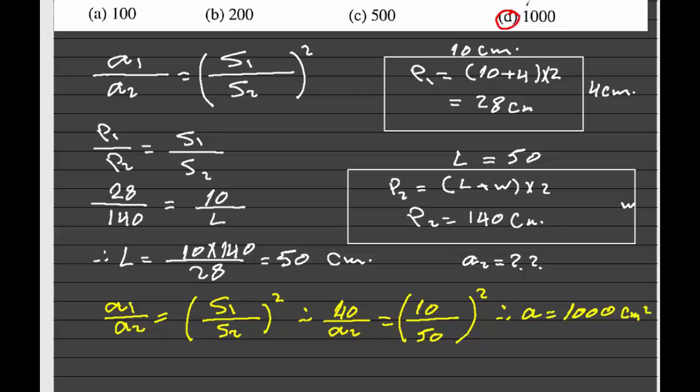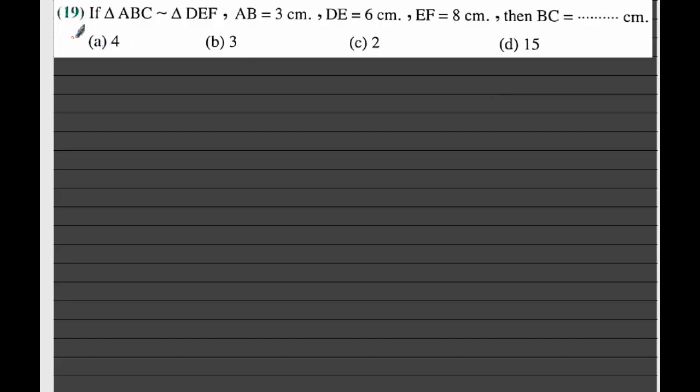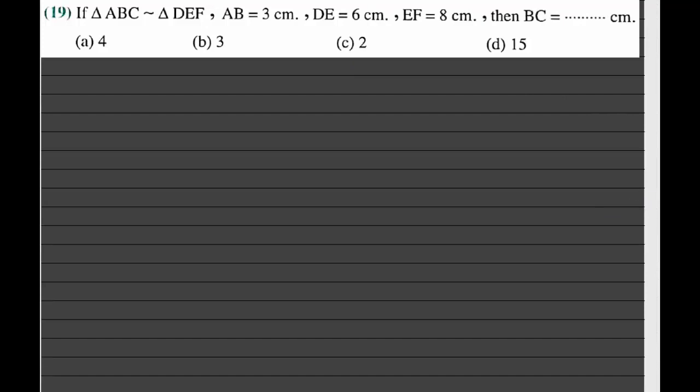And now go to the next question, question number 19. If triangle ABC is similar to triangle DEF and AB equals 3, DE equals 6. First I'll draw two triangles just to represent the question.